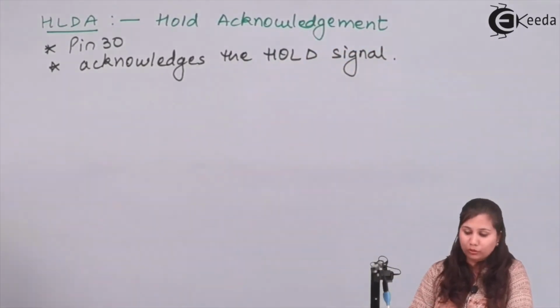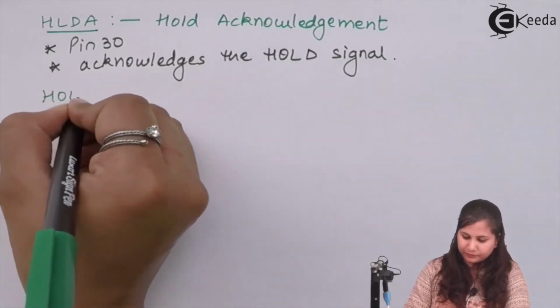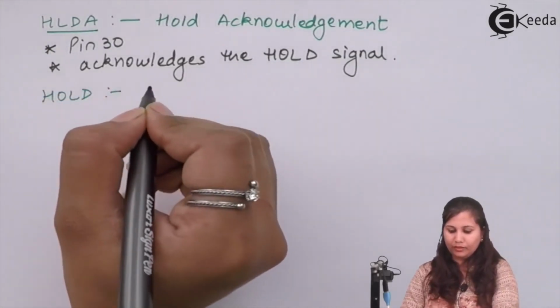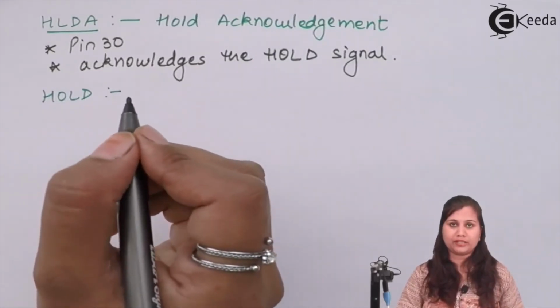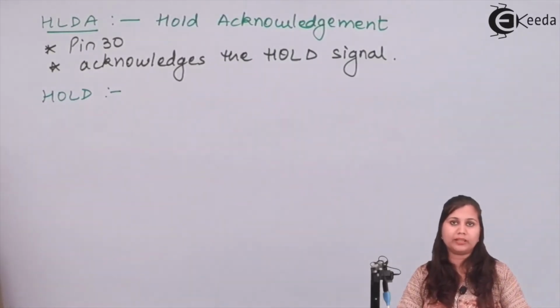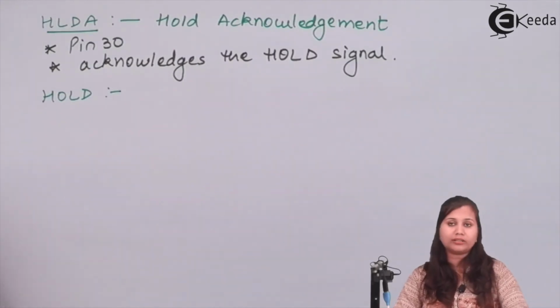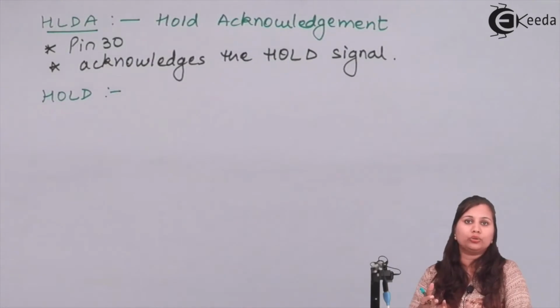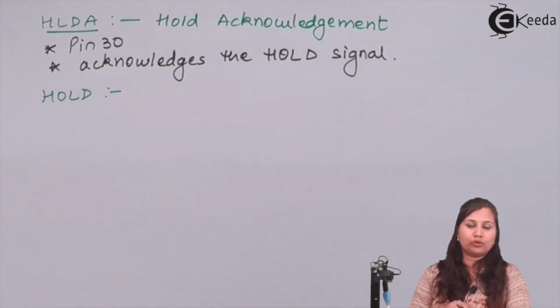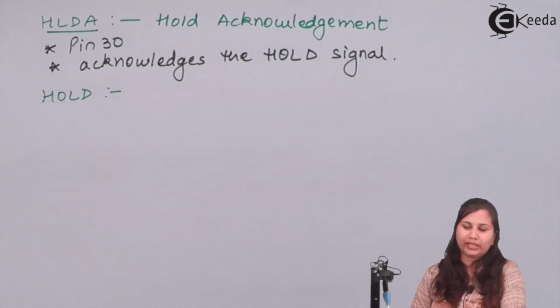Now next we have the hold signal. This hold signal indicates that there are some processors which want to communicate with the microprocessor, and they want the microprocessor to relieve the control of its buses to those processors, so that the processors can have control over the buses of 8086.